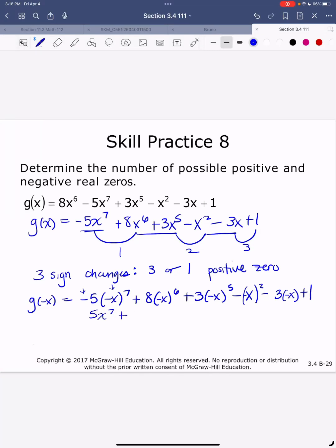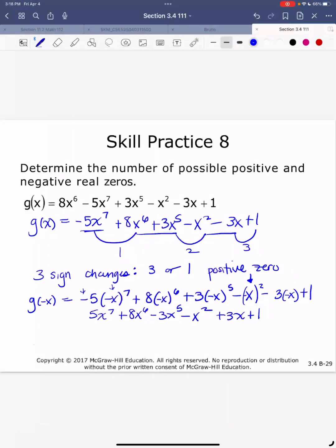I've got a plus 8x to the 6th because of 6 being even. And then I have a minus 3x to the 5th. I've got minus x squared because when I square this, it becomes positive, but the minus is still there. And then I have plus 3x plus 1. And actually, yes, we are good.